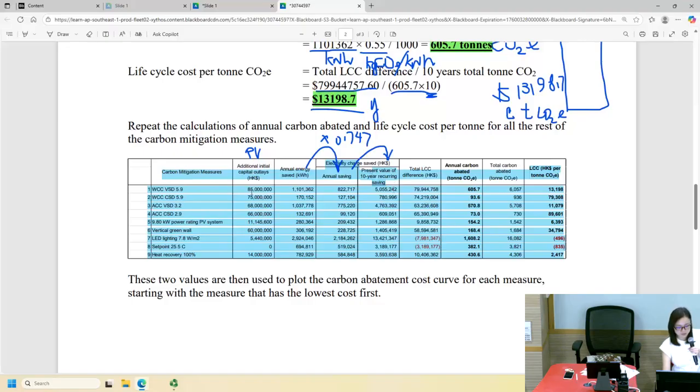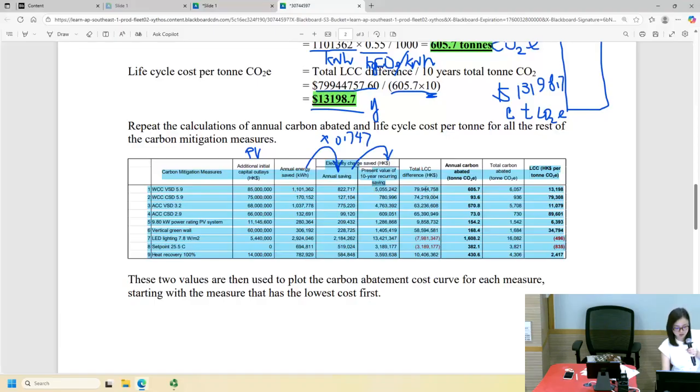The cost minus the saving over 10 years gives the total life cycle cost, which is the net cost.